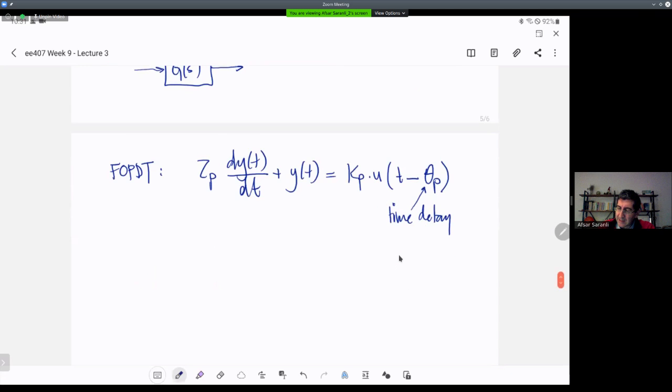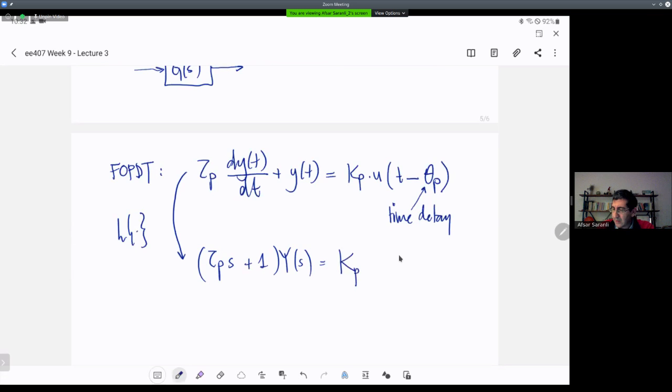So let me take the Laplace transform of this. With the zero initial conditions assumption, what I have is (tau p s plus 1) times Y of s is equal to kp times the Laplace transform of a time delayed signal.